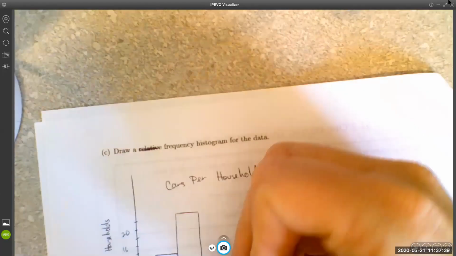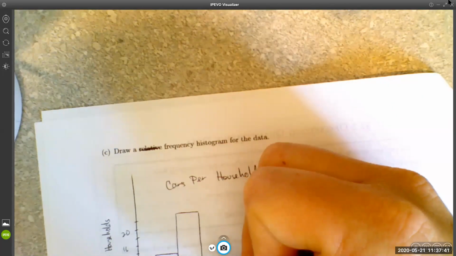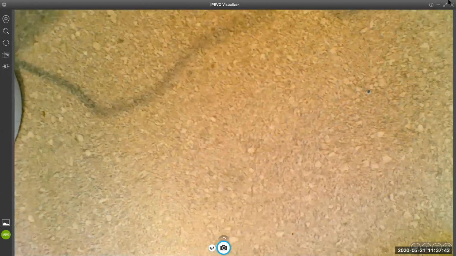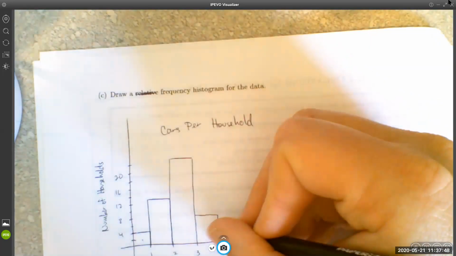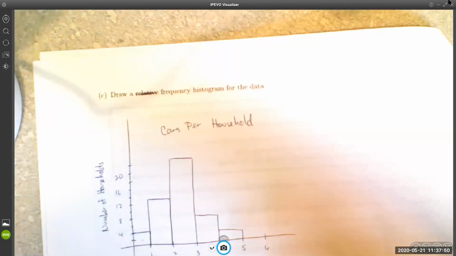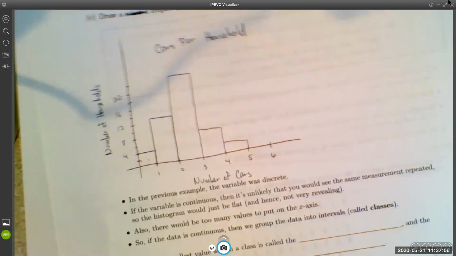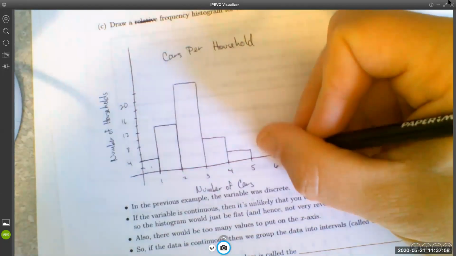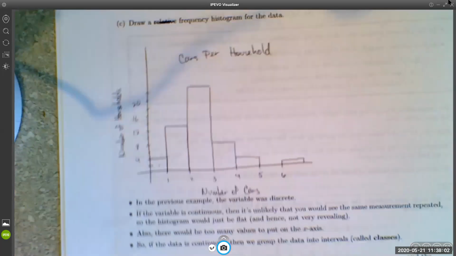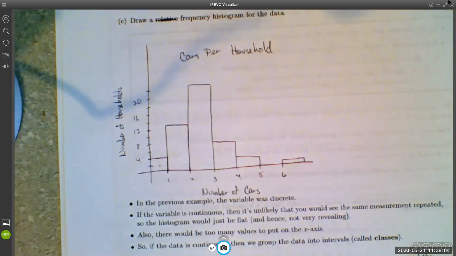And you'll notice I'm not putting gaps between these. 7 households with 3 cars. 3 households with 4 cars. 0 households with 5 cars, so there's going to be a gap here. And then 1 household had 6 cars, so I'm going to have a little bar there. And that's that.